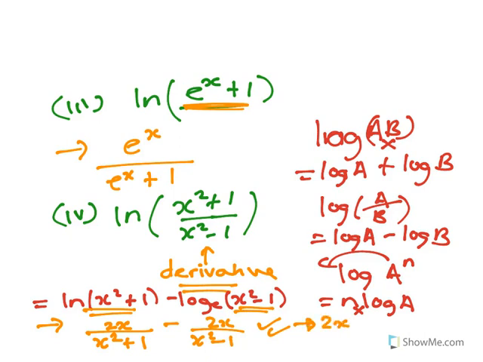So you could just leave it like that, that's the actual derivative, but it is nice to simplify it. So you could simplify it by getting a common denominator, so you times that one by x squared minus 1, minus 2x times x squared plus 1, all over x squared plus 1, x squared minus 1.